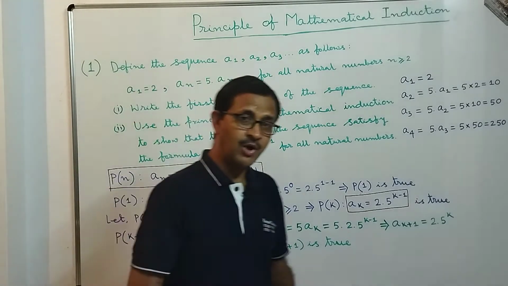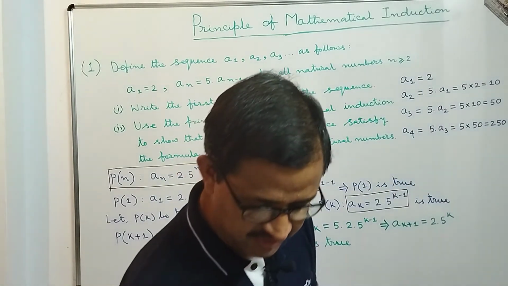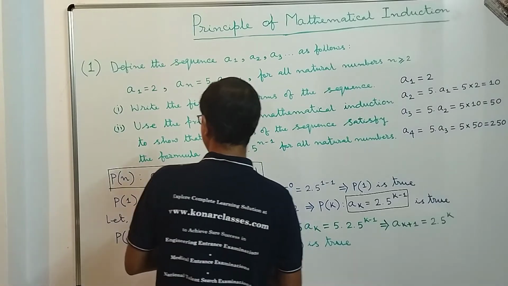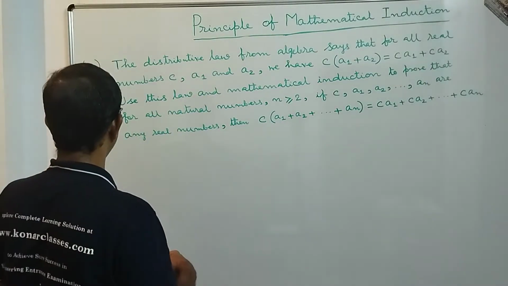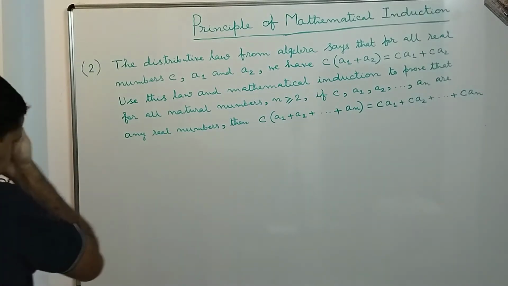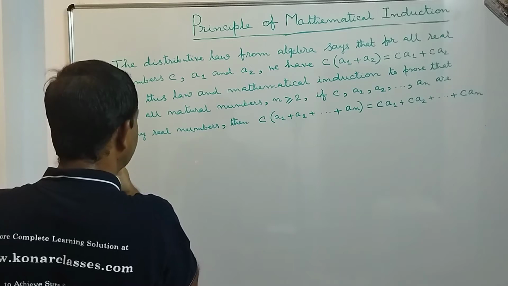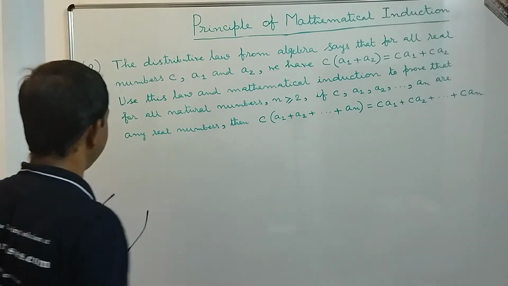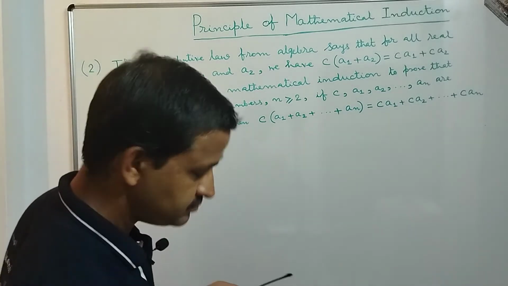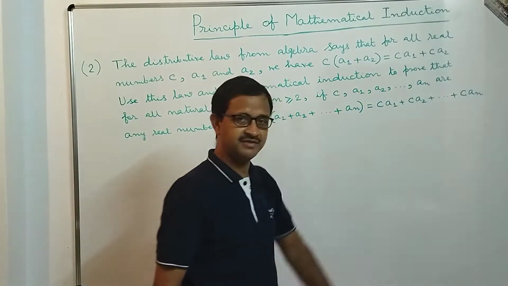Okay. So now let's proceed to the next question. Let me write down the next question here, dear students, and then we will proceed. What is the question here? It starts with a statement, that is, the distributive law from algebra says that for all real numbers c, a1 and a2, c into (a1 plus a2) is equal to ca1 plus ca2.